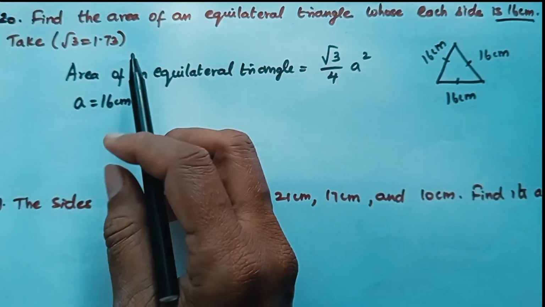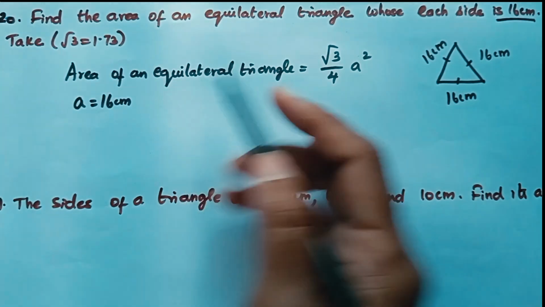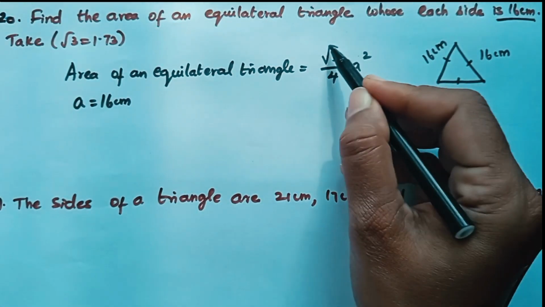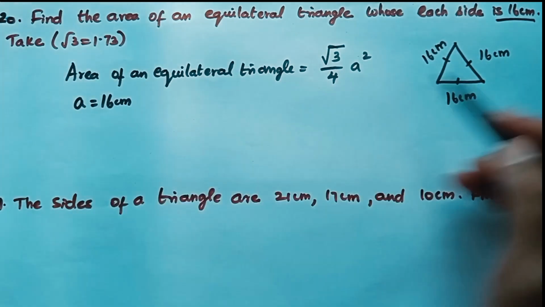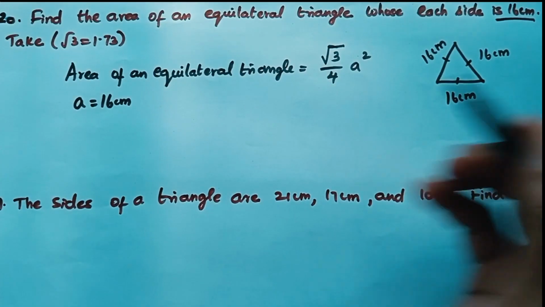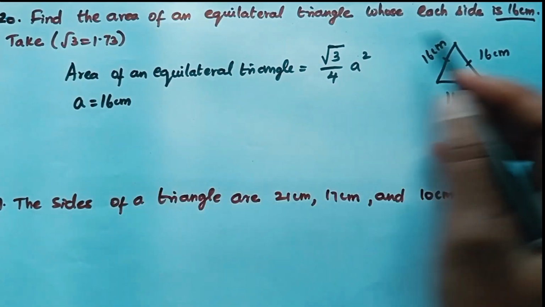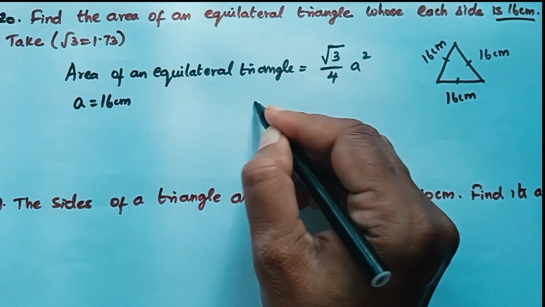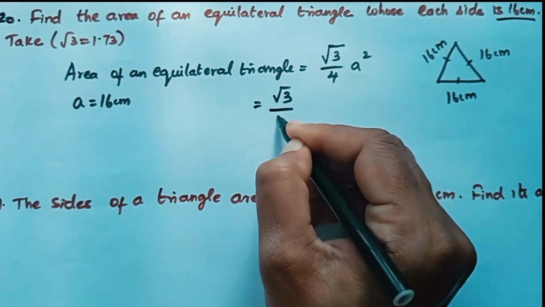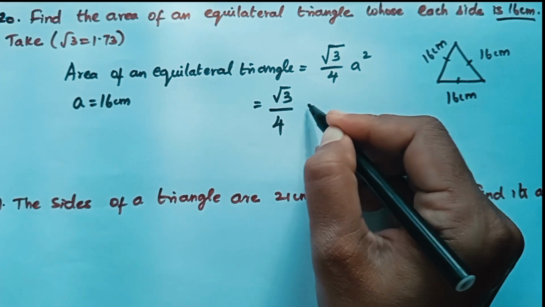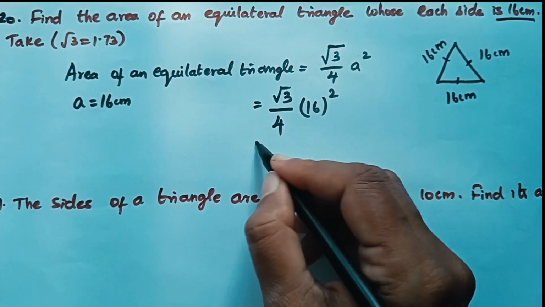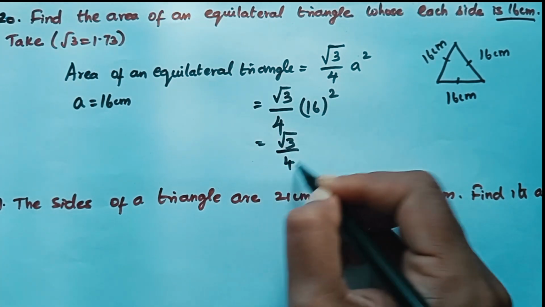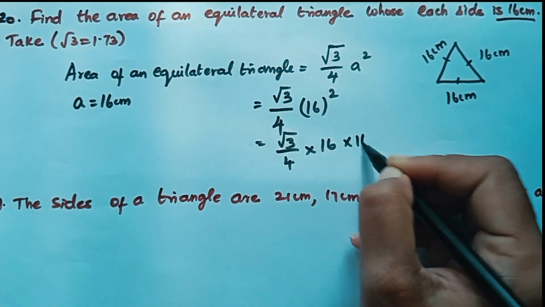So to find the area of an equilateral triangle, we have to use a formula root 3 by 4 into a square, where a is nothing but the length of the side. So a is equal to 16 centimeter, which is given. Now substitute and find out the answer. Root 3 by 4 into 16 square, which is equal to root 3 by 4 into 16 into 16.